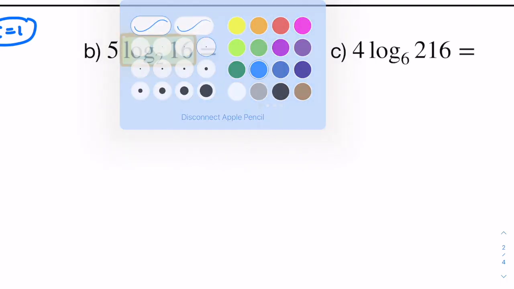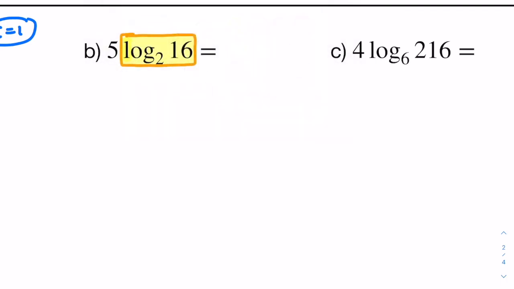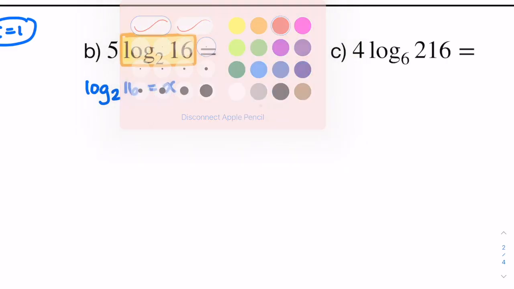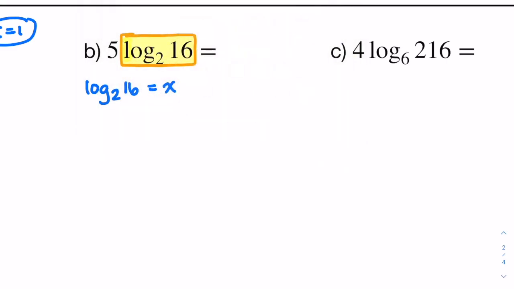If I have log base 2 of 16 equal to some number, I can use the conversion trick, the loop-de-loop trick, to write this as an exponential. So this is my base: 2 to some power is equal to 16. And that's a little bit easier to wrap your head around.